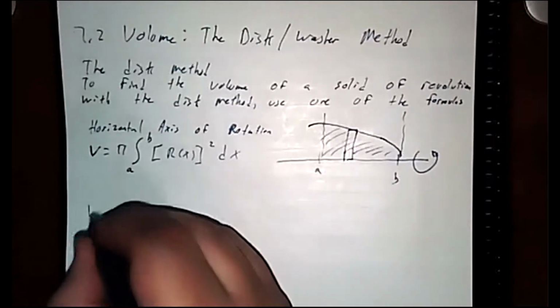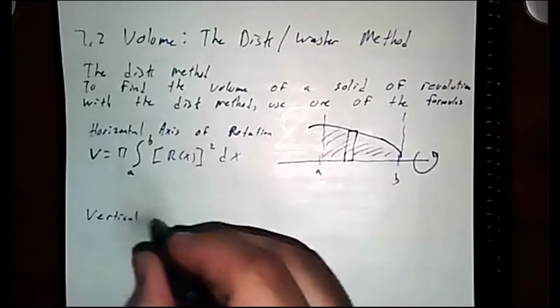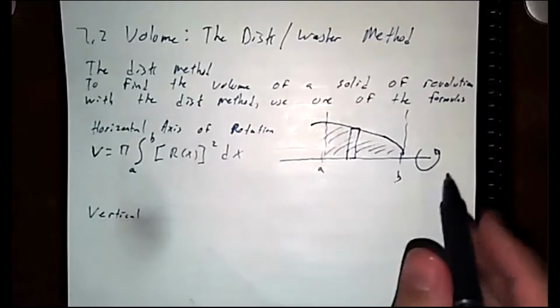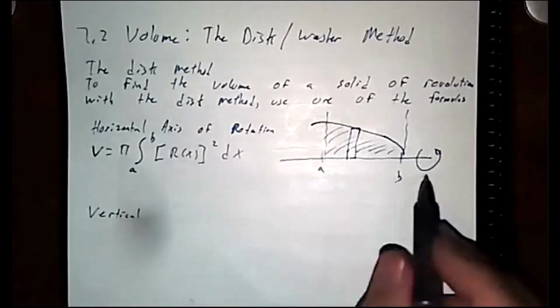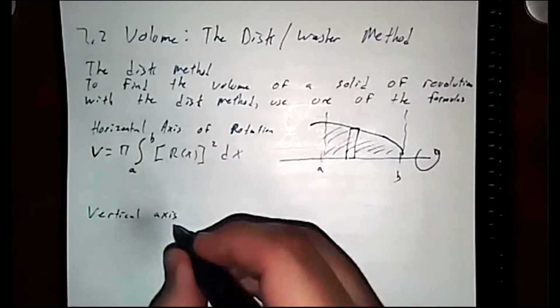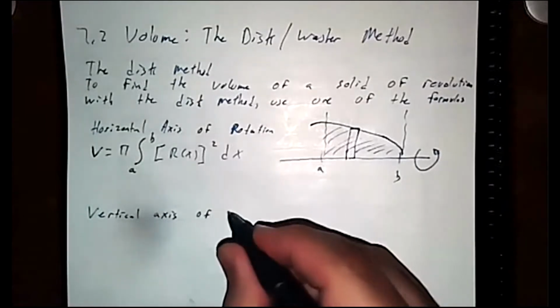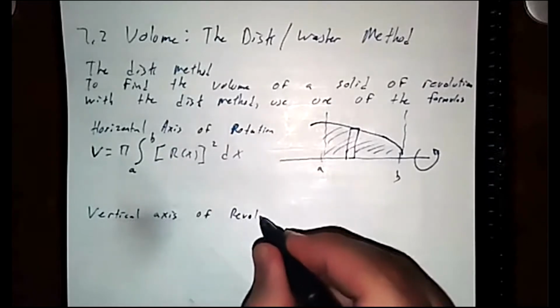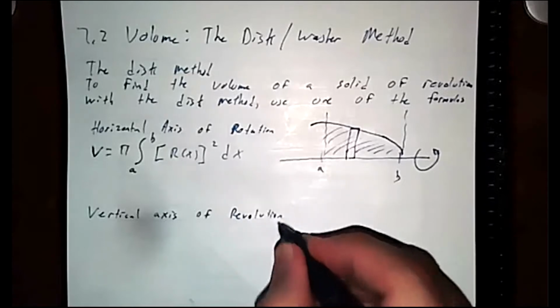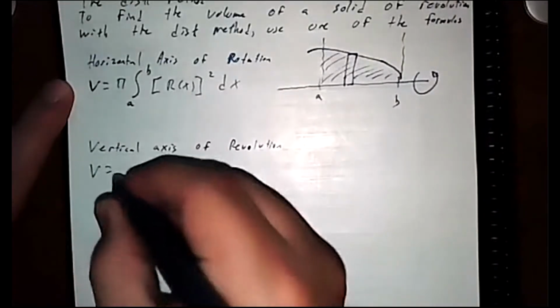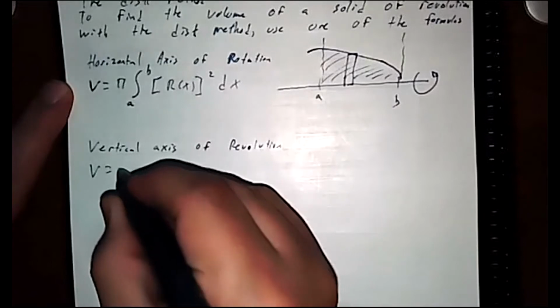Now, if I have a vertical axis of revolution, and it doesn't have to be the y-axis, it could be just some random vertical line that I'm rotating on. I said rotation earlier, but whatever, it should be revolution. That formula would be very similar, except you switch to dy.